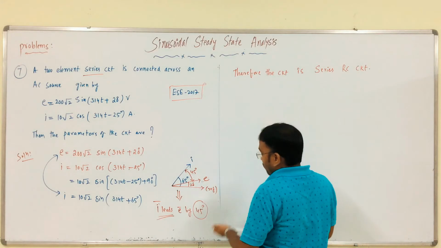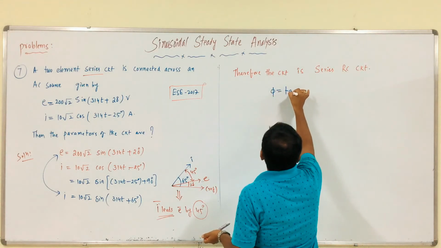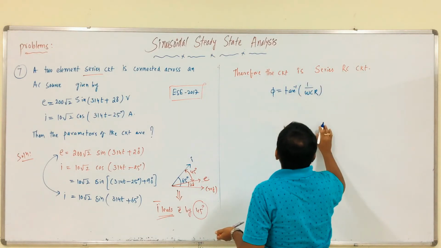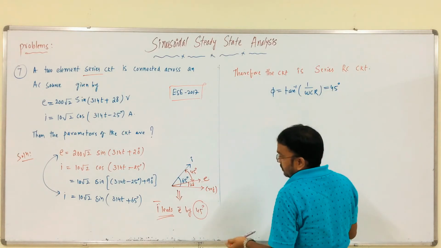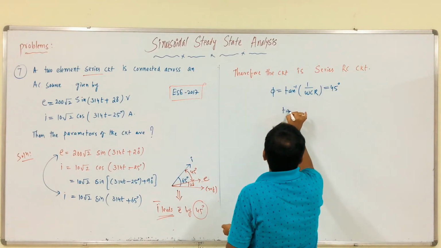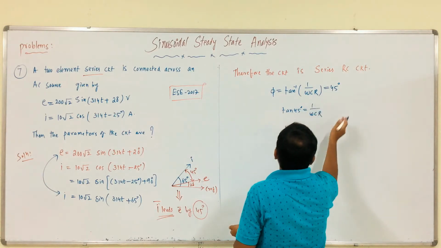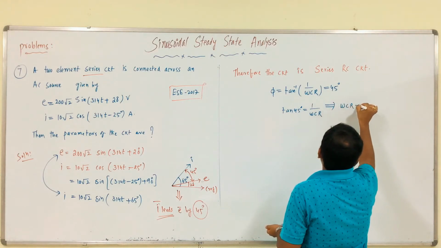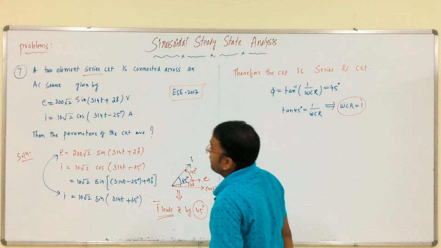We all know that the phase angle in a series RC circuit is tan inverse of 1 by omega C R, which is equal to 45 degrees. Therefore, tan 45 is equal to 1 by omega C R. From this, omega C R is nothing but 1. Clear?